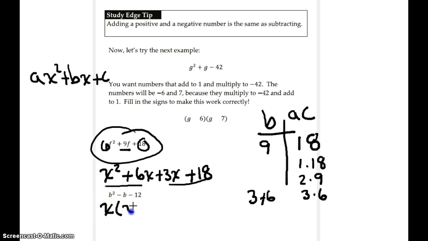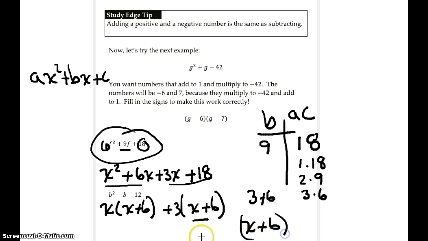X is my factor, x plus 6. 3 is my factor, x plus 6. I have x plus 6 times x plus 3. Obviously, if we end up with two different factors here, we know we've made a mistake.